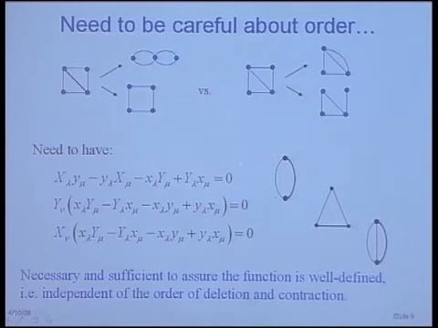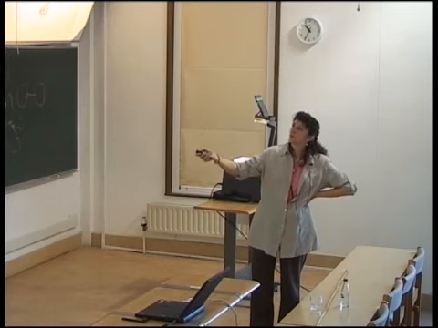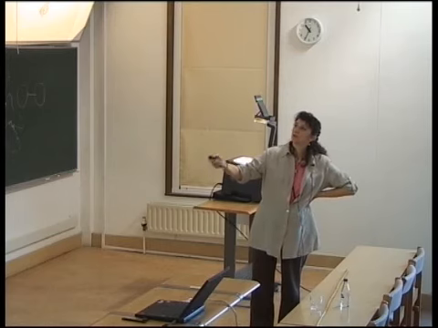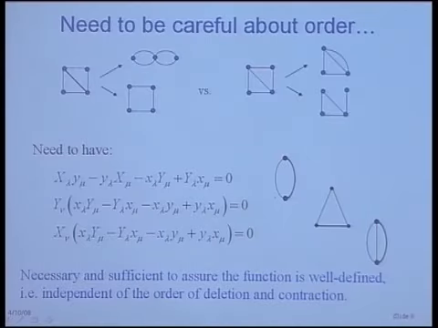And what happens is that whether or not your function is well defined boils down to whether or not it's well defined on these three very small graphs. And these three very small graphs give three equations that must be satisfied in order for the fully multivariate version to be well defined.